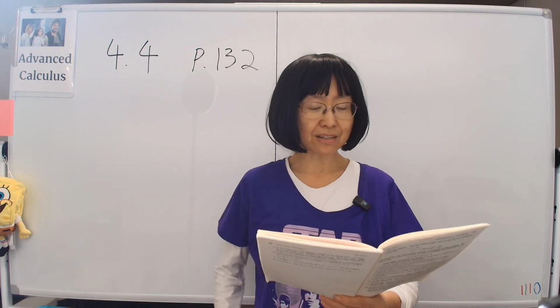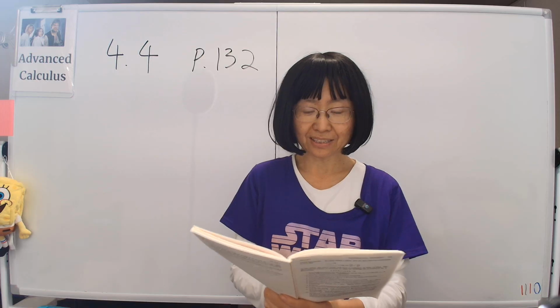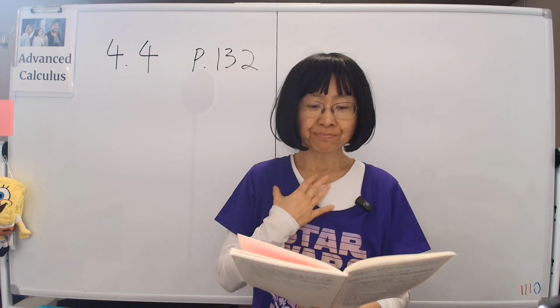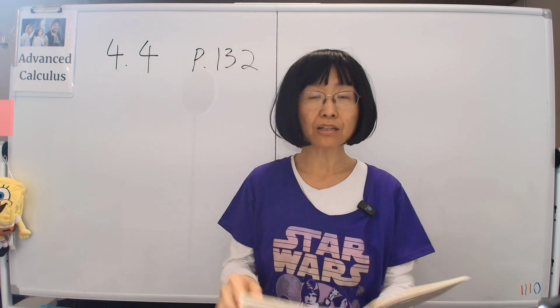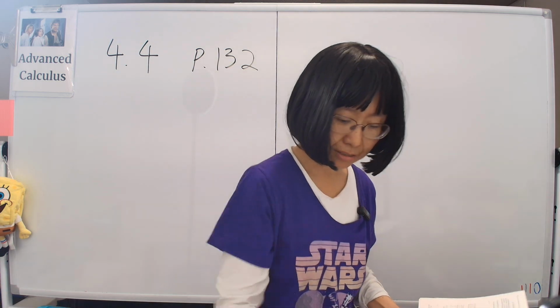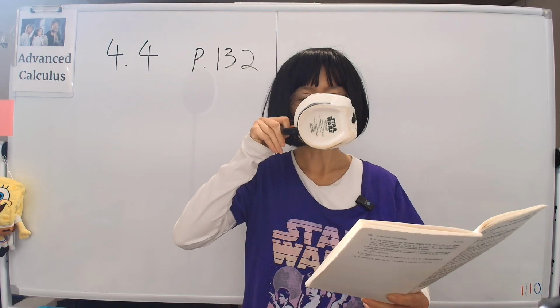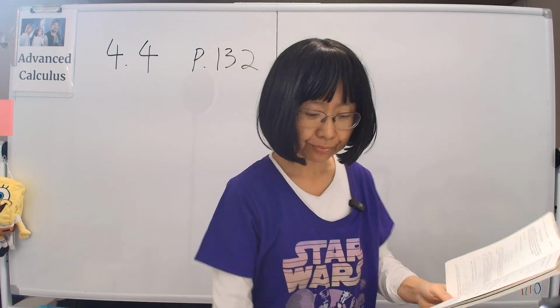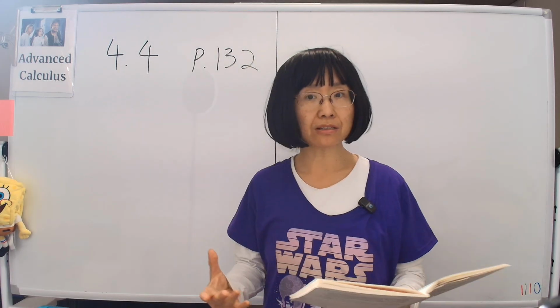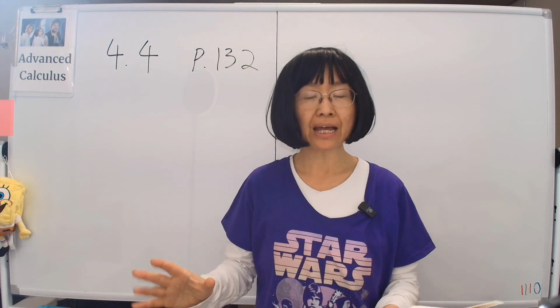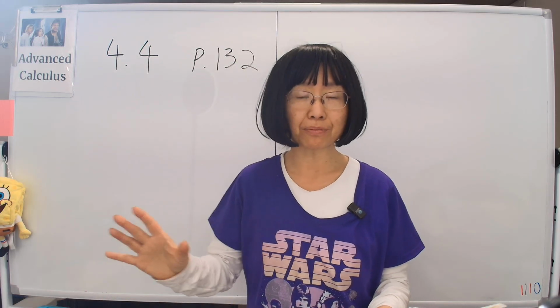In any case, this interesting function of three variables is called positive definite if the function is bigger than 0 for any value of x1, x2, x3, except for when all three variables are 0.